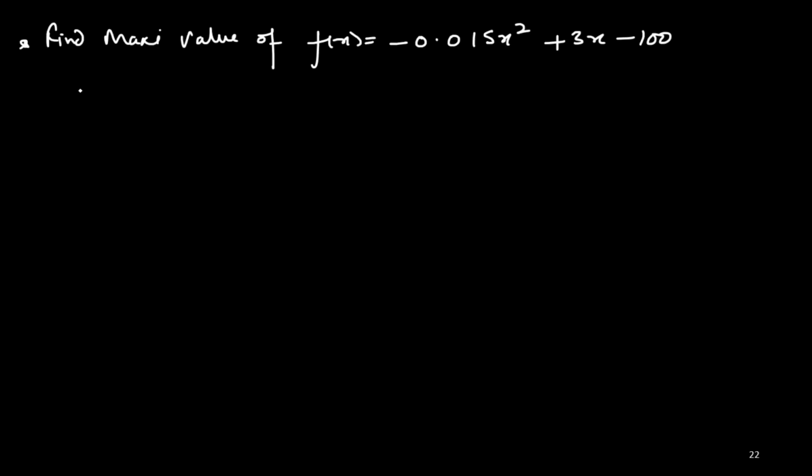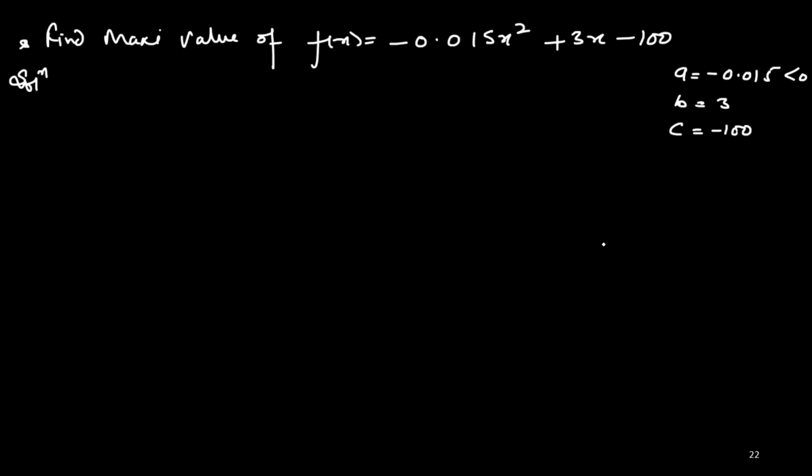Now we will explain with the help of some more examples. This is a profit function and we want to maximize that. If we solve by the shortcut method, what's the value of a? Minus 0.015, which is negative. b is 3, c is minus 100.